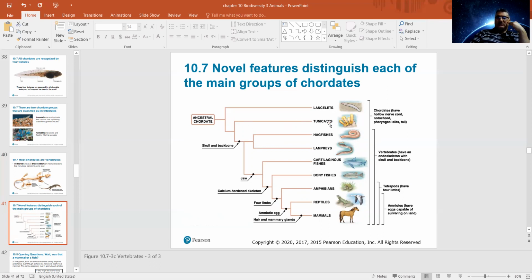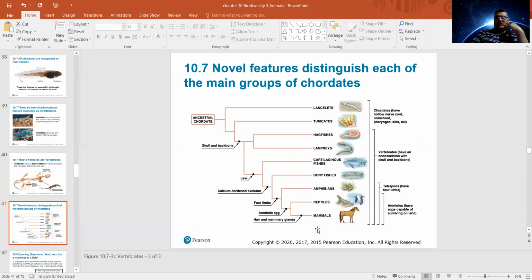Tunicates are the next one. And then starting from here, anything else will have a skull and backbone. From here down. So remember the first two only. Everything that we're talking about here is chordates. The first two are chordates, but not vertebrates.